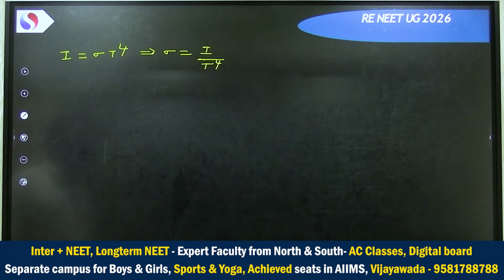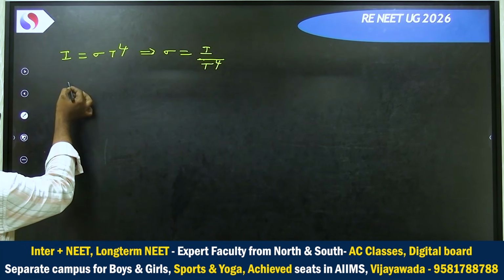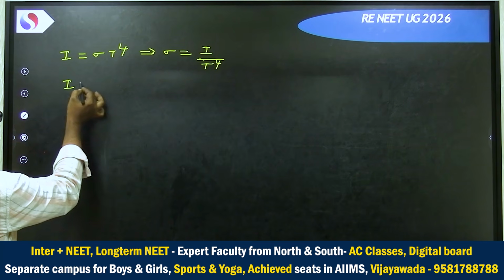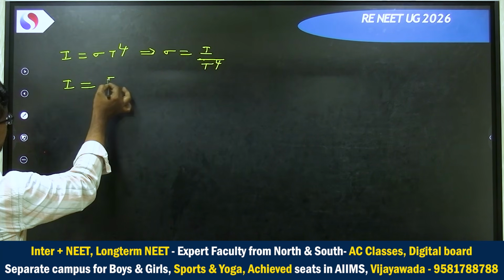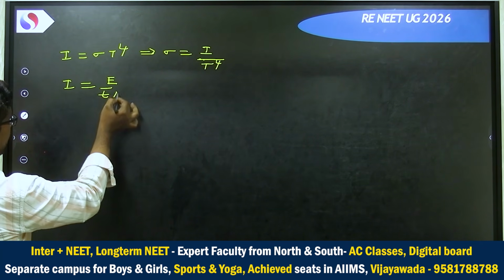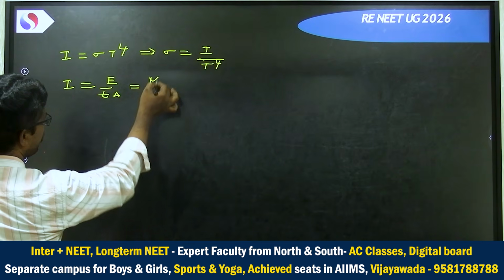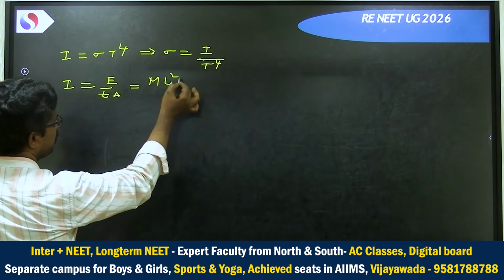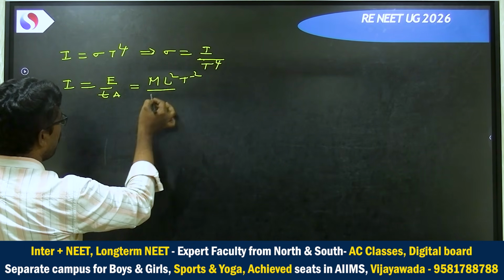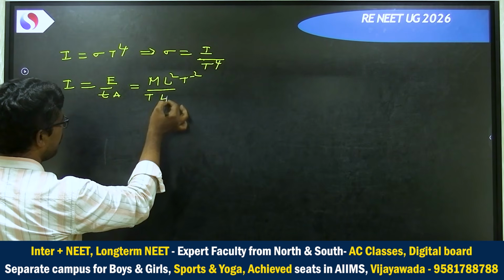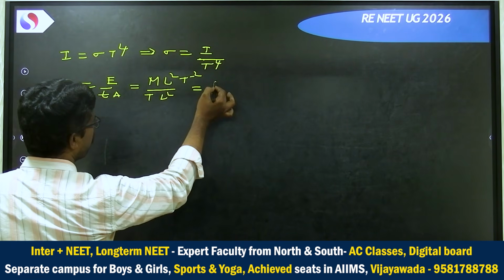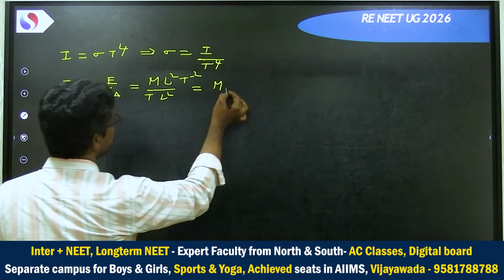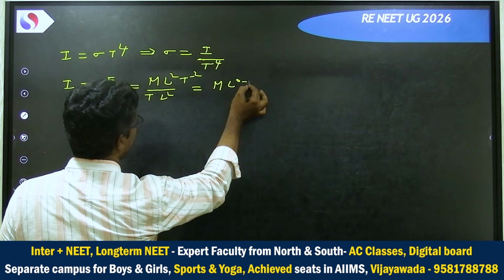What is intensity? Intensity is nothing but energy per unit area per second. We have to write the dimension formula of intensity. The dimension formula of energy is M L squared T power minus 2. Here T is time, and area is L squared. So our dimension formula is M L0 T power minus 3.